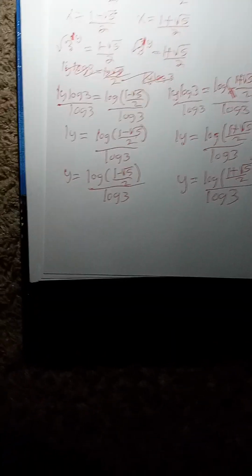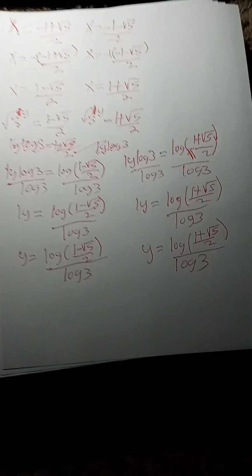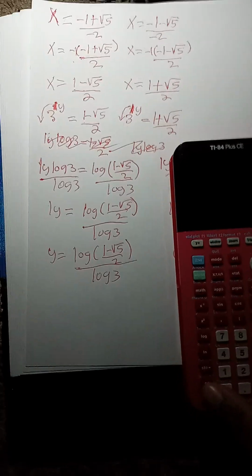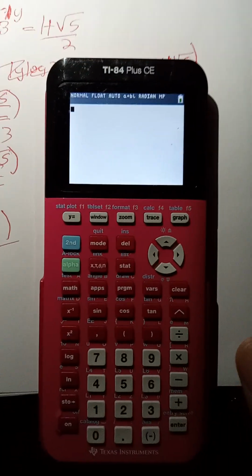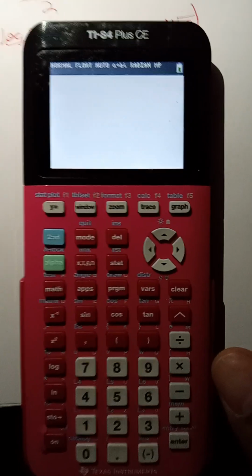So now we have found solutions. And then we need to verify if they are extraneous or not. So first we will look at 1 minus square root of 5 divided by 2. So let's turn the calculator on here. Remember, log of 1 is 0. If you have a negative result, then it's extraneous.